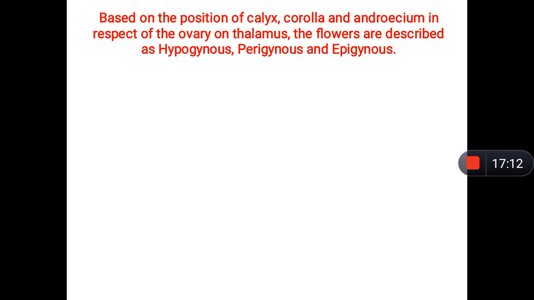That means the ovary may be above the calyx, corolla, androecium, below the calyx, corolla, androecium, or not above, not below, but in the middle. The flower is divided into three different types: hypogynous, perigynous, and epigynous. So let's see how it can be shown.